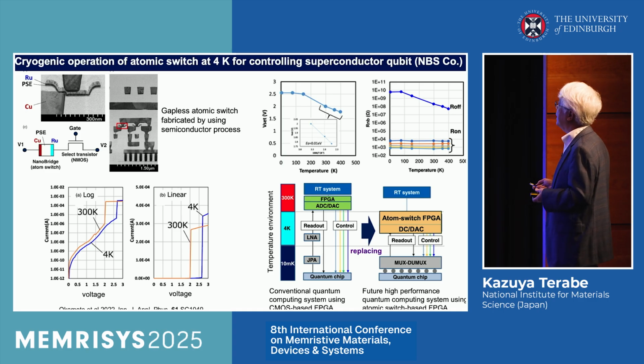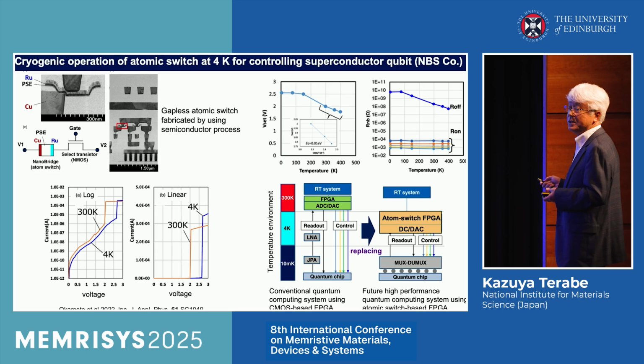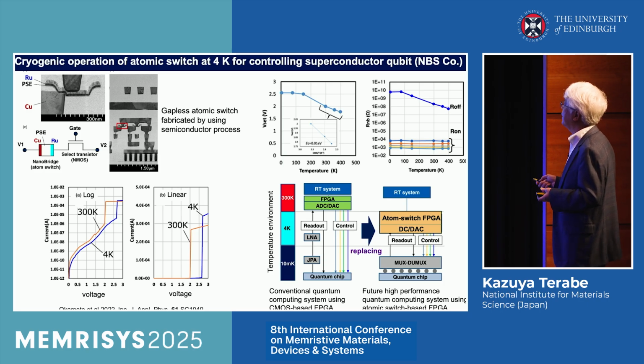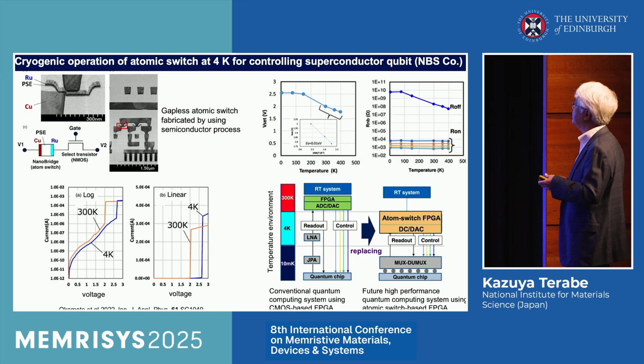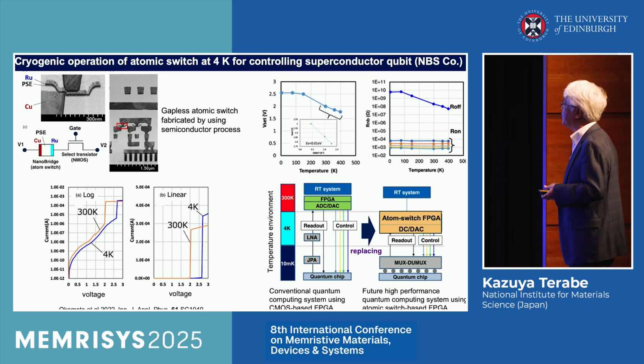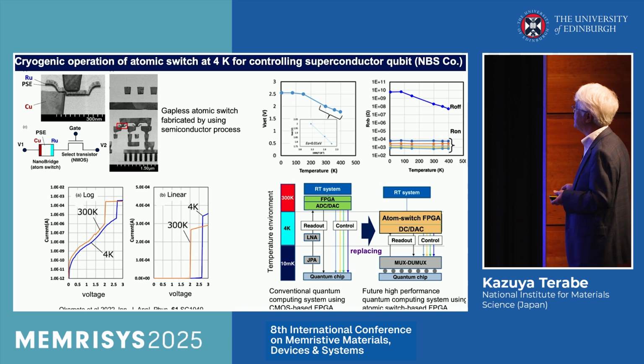But compared to this one, we are replacing it with atomic switch FPGA, so it can be used in the 4 Kelvin condition. So this lead wire is a very short distance. The performance is improved, so that's a future high performance quantum computing system using the atomic switch based system.